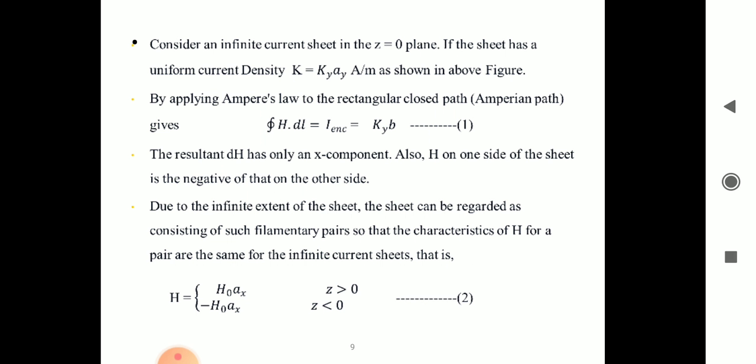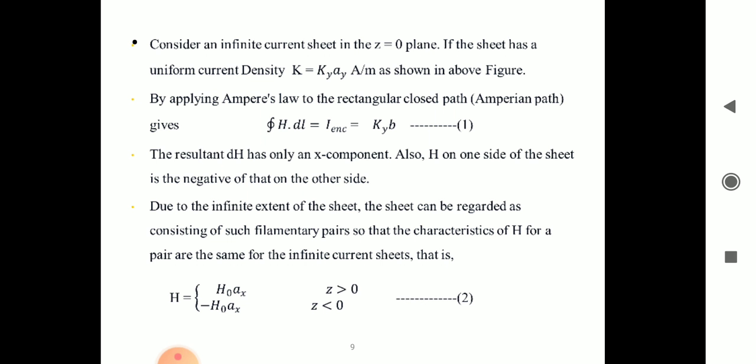Consider an infinite current sheet in the z equals 0 plane. If the sheet has a uniform current density K equal to Ky ay, the units of uniform current density are amperes per meter.